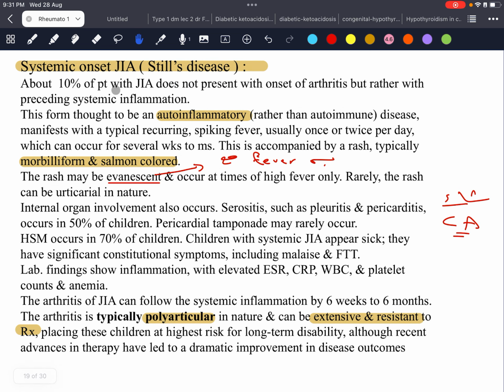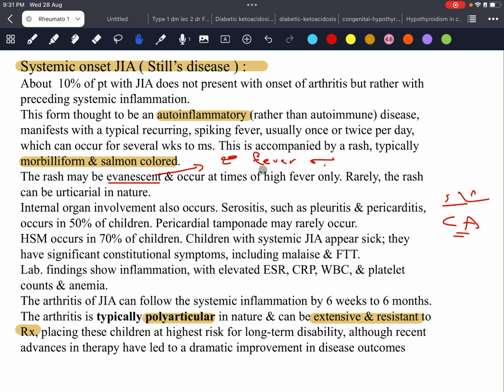Systemic onset juvenile idiopathic arthritis, which is also named Still disease. You have to understand it. It starts as fever and rash and systemic symptoms, and this fever is spiky in type and occurs once or twice a day.